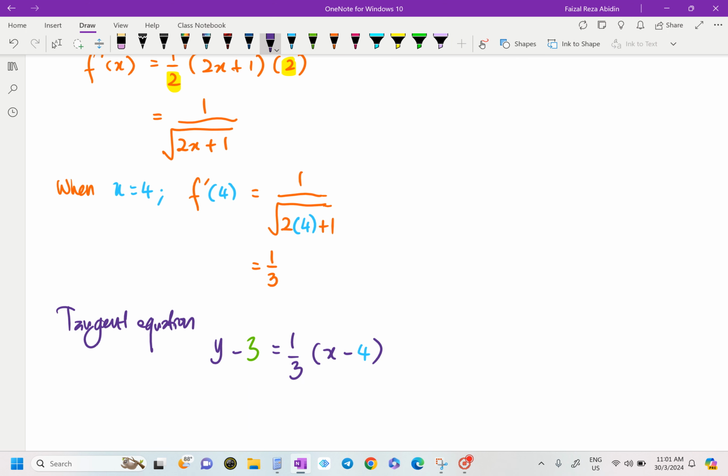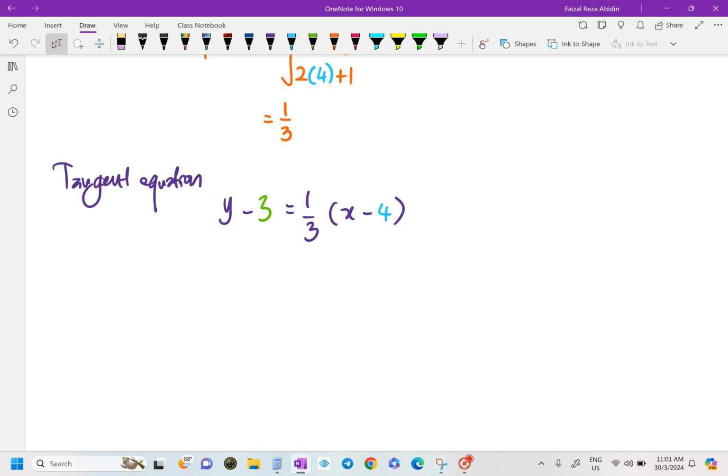So what you are going to do over here, of course, I'm going to times everything by 3, because I got 1 over 3, right? If you want, you can expand also, but I want to make my equation more simple.